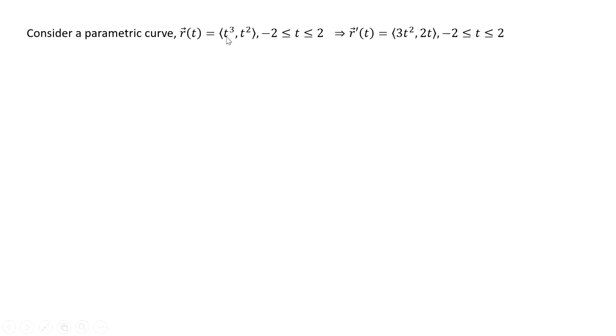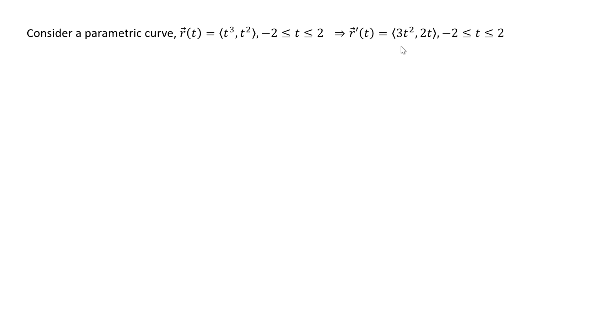How do we do that? I just simply take the derivative of each of those component functions. T cubed, the derivative is 3t squared. The derivative of t squared is 2t. That's what I have. Simple? Cool. R prime of t, we got that. So is this continuous? Look at the component functions, 3t squared, 2t. Are they nice and continuous? Yep, they are.